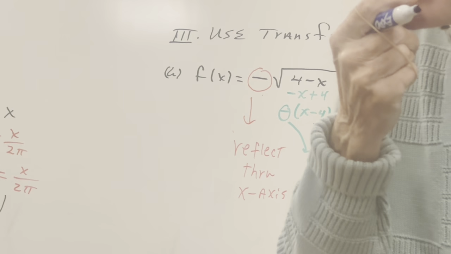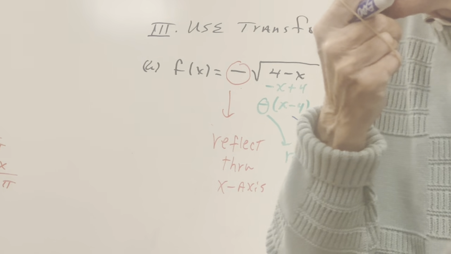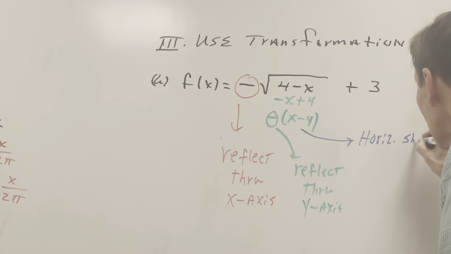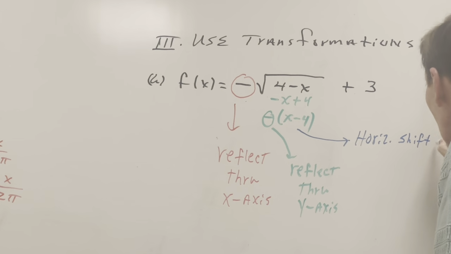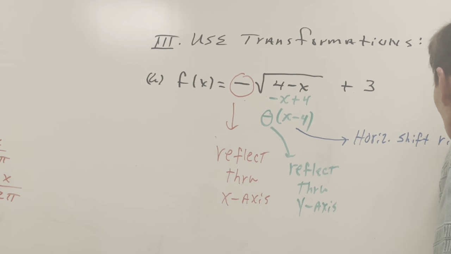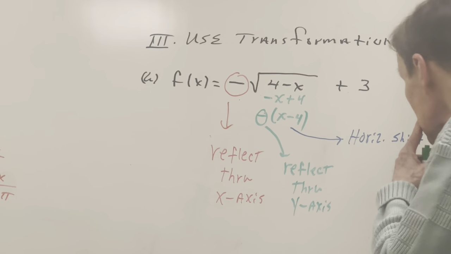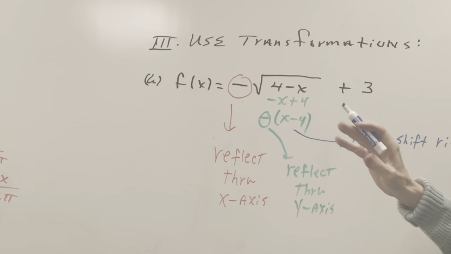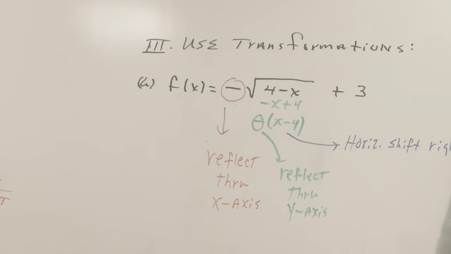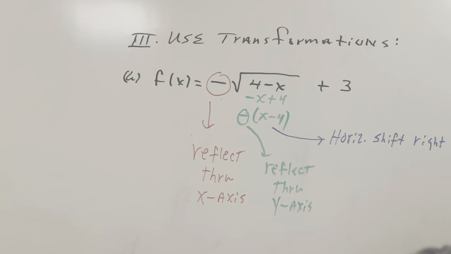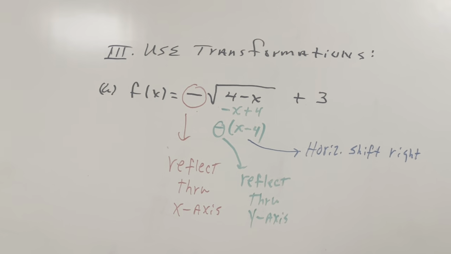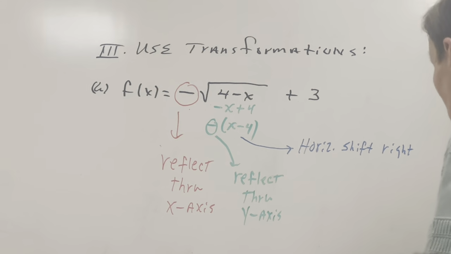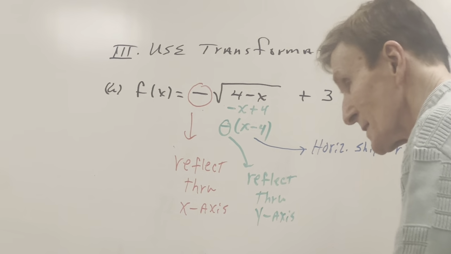Yeah, to the right, how many units? 4. So a horizontal shift to the right, 4 units. We know it's 4, but it's a horizontal shift to the right. So far, so good? And then I have one more transformation. And since I'm using all different colors, guys, oh my goodness.